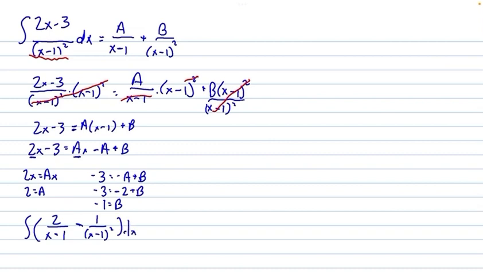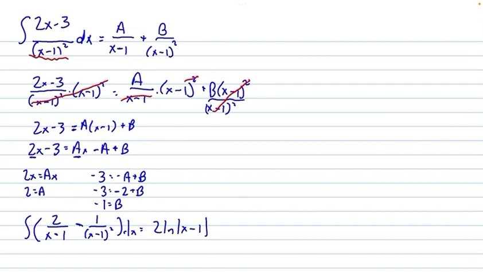And we have to find the antiderivative here, but this is where this differs. We know that the antiderivative of 2 over x minus 1 is going to give us 2 times the natural log of x minus 1. We remember the rules.